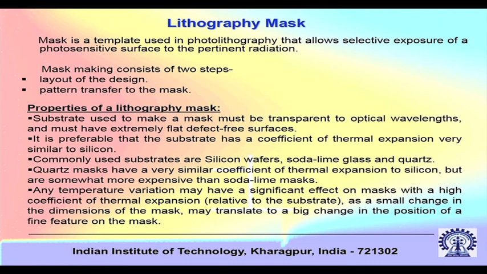So now we have a broad idea of what the process is. Now we will get into a little bit more descriptive details of the mask. A mask is a template that allows selective exposure of a photosensitive surface to the pertinent radiation.